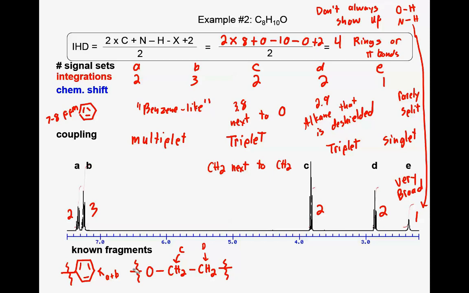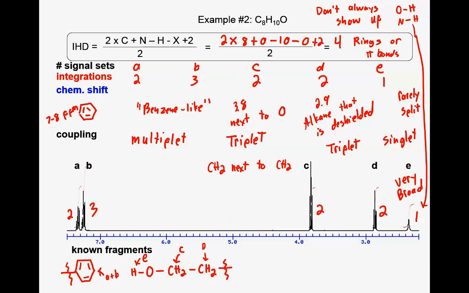Do we have an oxygen that we could connect that proton to? We're showing this as a fragment, but it's just going to be this proton right here. This proton is connected to the oxygen, which has two neighbors, so what kind of splitting would we expect? We would expect a triplet, because it has two neighbors, but in fact what we see is a singlet. These protons rarely show splitting.